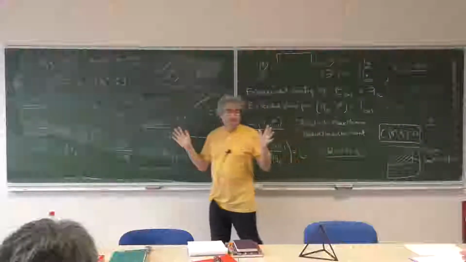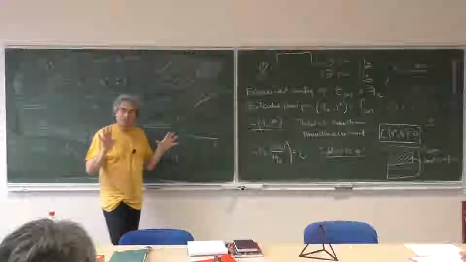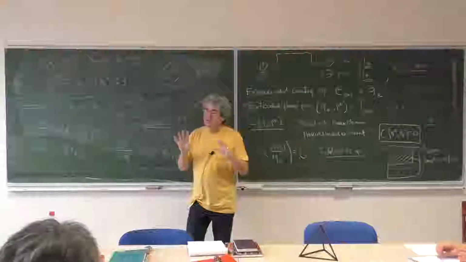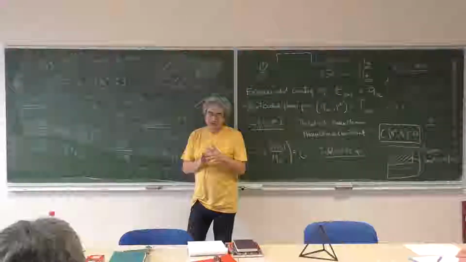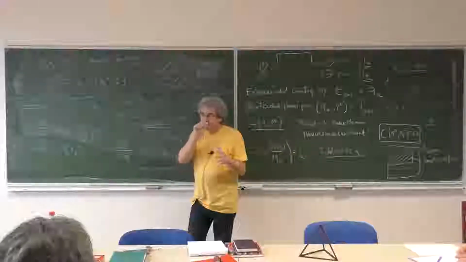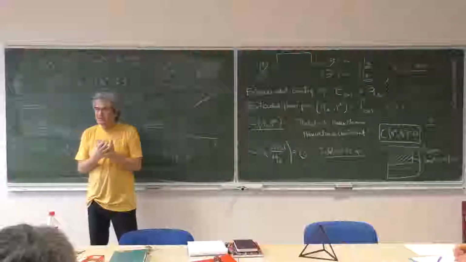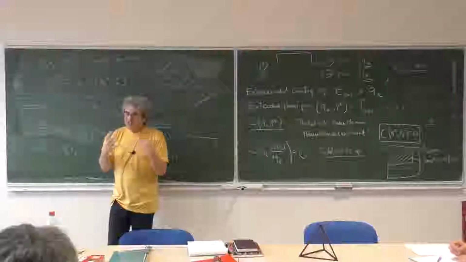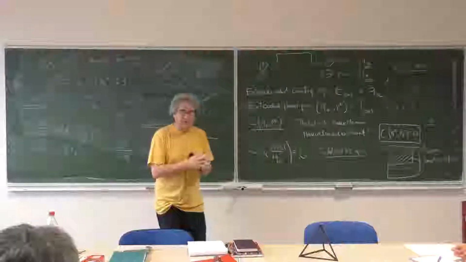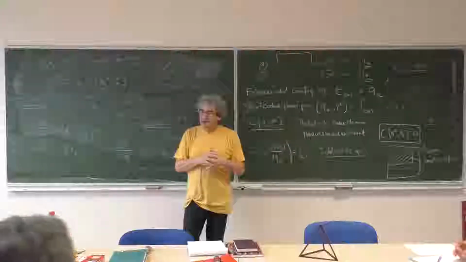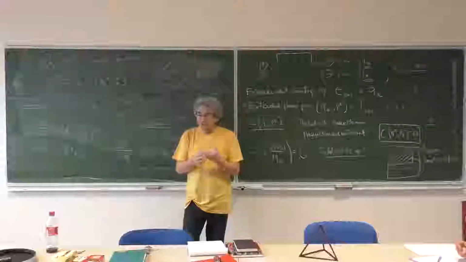Is that clear? This is a crucial point, on which there have been years and years of discussion since the 60s about how to deal with time in quantum gravity, and where is time in quantum gravity. Time in the sense of change, the trajectories, but time in the sense of a preferred variable in terms of which the evolution is described is not there, because it's not there in classical GR.